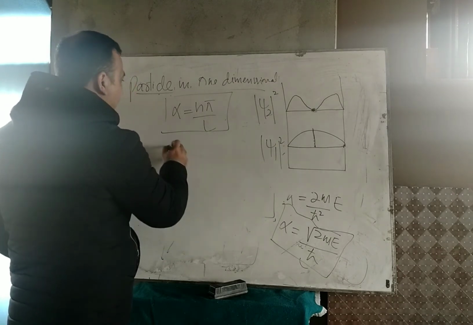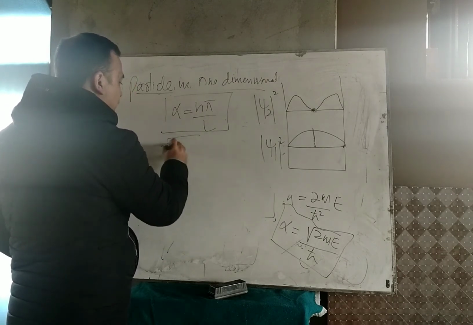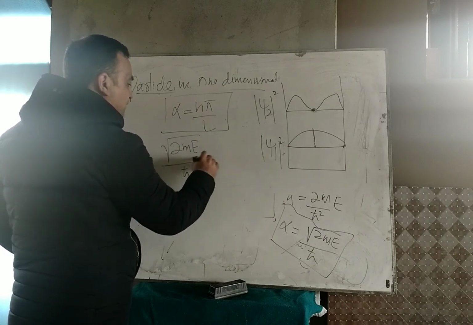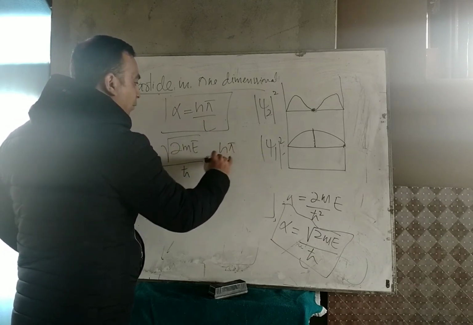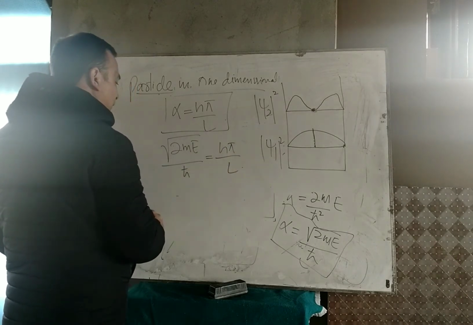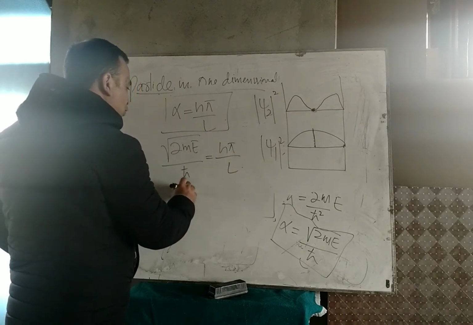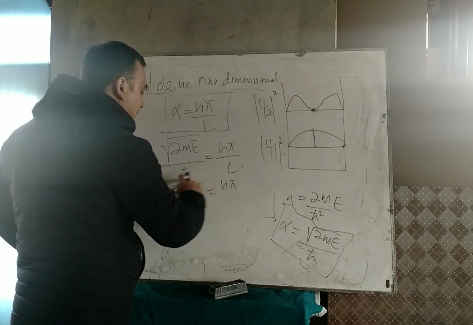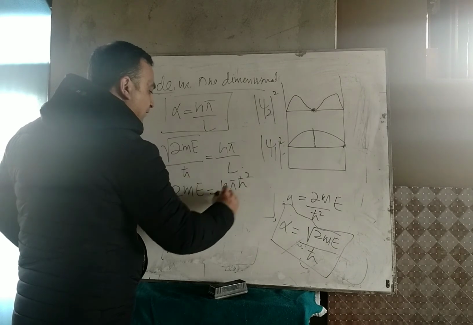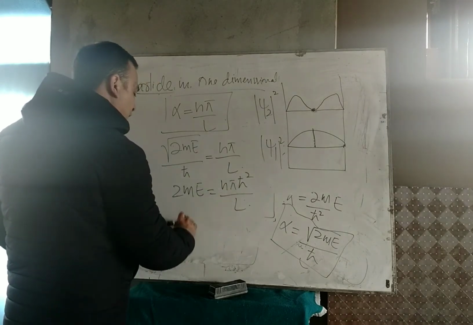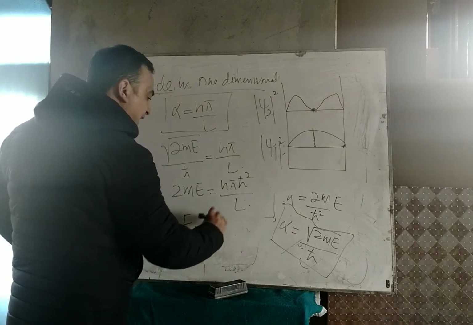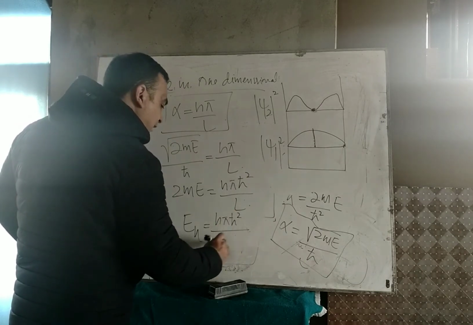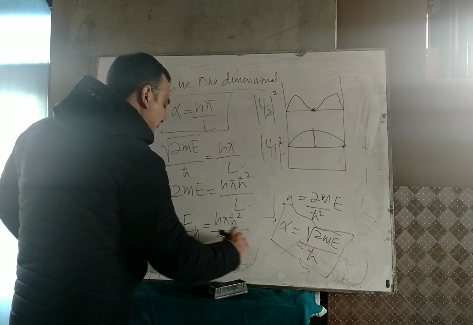So instead of alpha, I will write square root of 2mE by h bar is equal to n pi upon L. So 2mE is equal to n squared pi squared h bar squared divided by L squared. So what will be E n? That will be n squared pi squared h bar squared divided by 2mL squared.